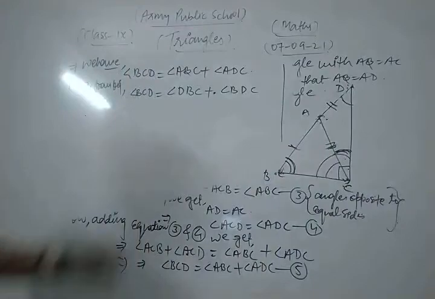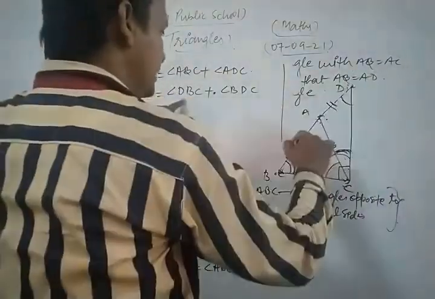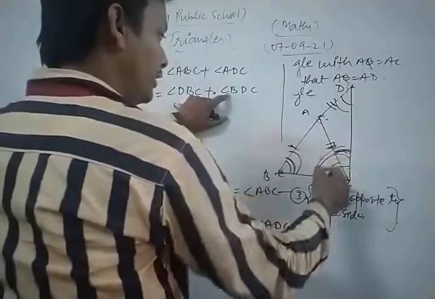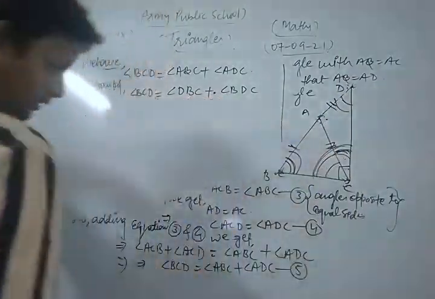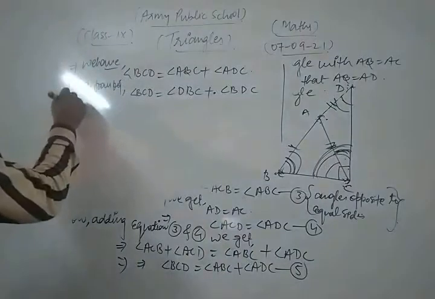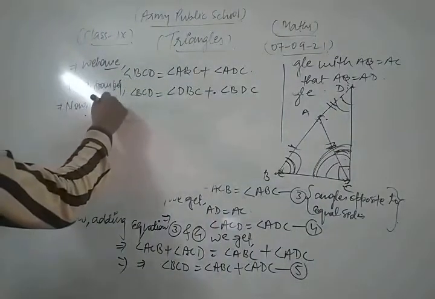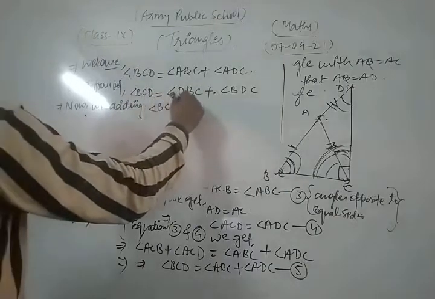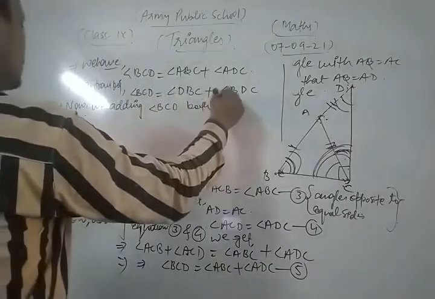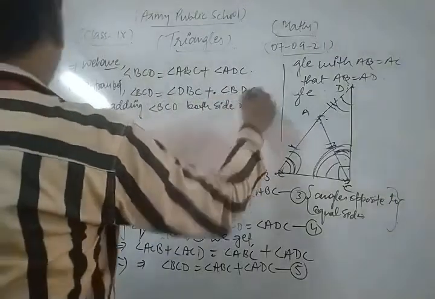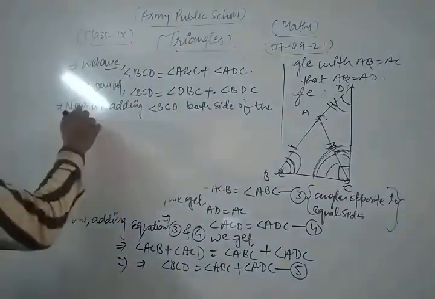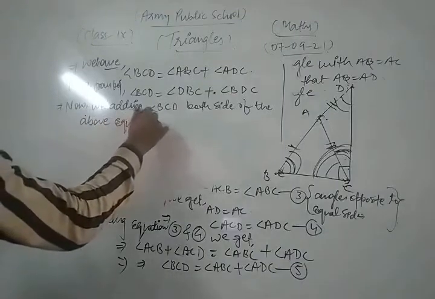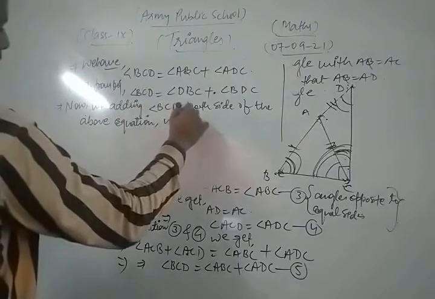So angle BCD is equal to angle DBC plus angle BDC. Now we add angle BCD on both sides of the above equation.